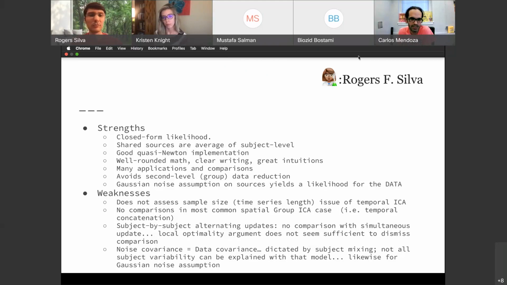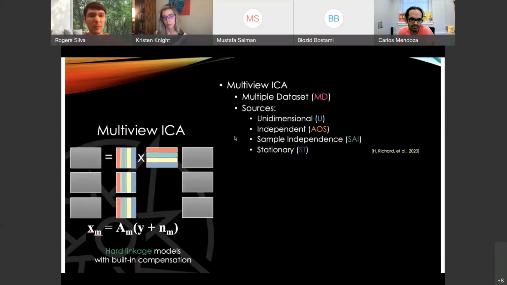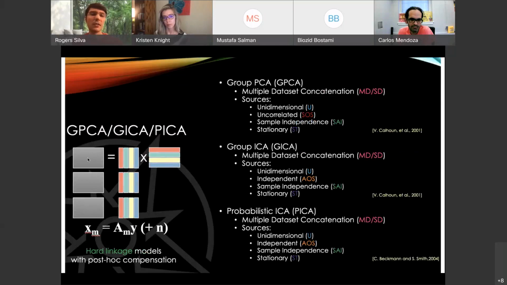Yeah. So, very quickly, just go back here to this figure. It's basically one instance. There are many discussed in the paper, many ways to do it, but one instance is group PCA, where you stack the data.